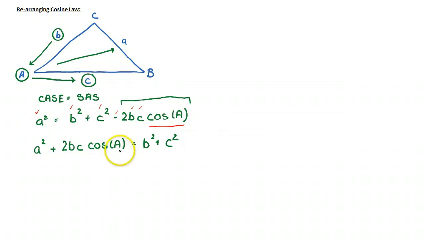Now I'm trying to isolate for A here, so I'm going to get rid of this a squared, so I know that 2bc cos of a is equal to b squared plus c squared minus a squared. And now I'm still trying to isolate for cos A, so I'm going to divide both sides by 2bc.